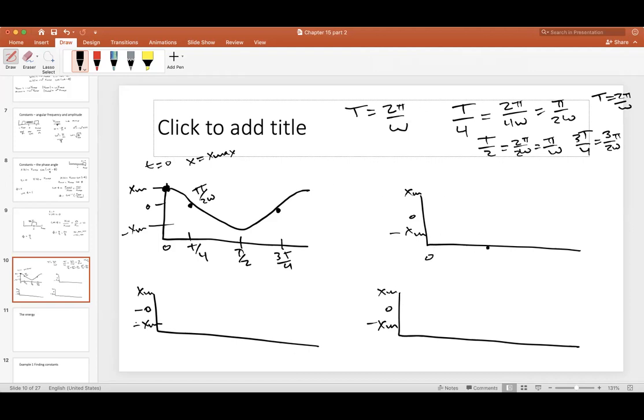Now, if instead, and we'll draw this a little bit differently in a minute, if instead I start at 0, right? Well, depending on where I'm going, if I'm going this way, x is going to decrease. So I'm going to get this cosine that starts doing this, right?